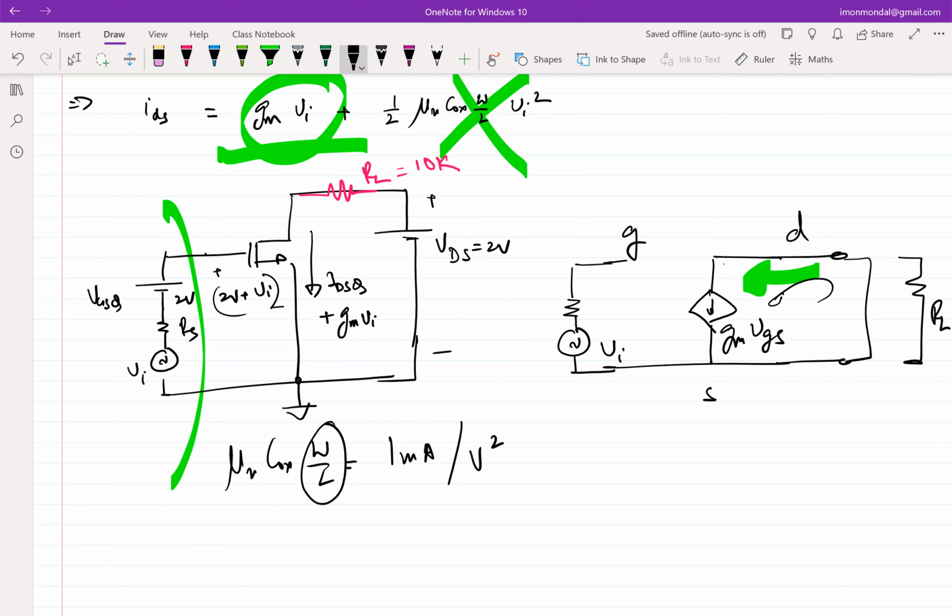Let's assume that mu n Cox W by L is 2 milliamps per volt square. So if I plug in RL the way we have here, will it work, or is there an issue? There is an issue. What is the issue? Like 20 amperes DC current is flowing.